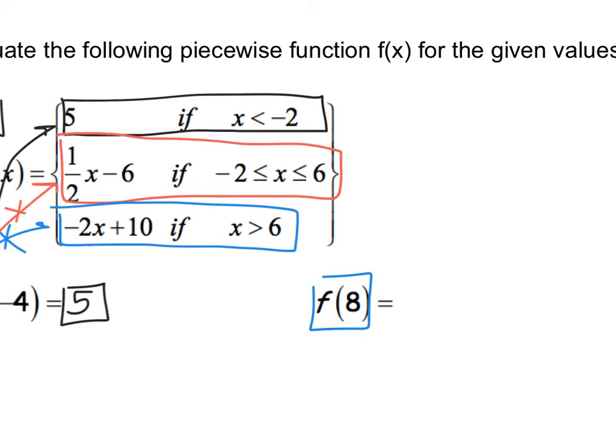So f of 8 is simply -2 times 8 plus 10. -2 times 8 is -16. Plus 10 is -6. You don't have to go through this whole process of showing your work. You can simply show this and then this.